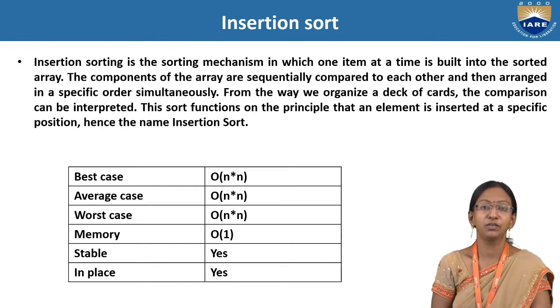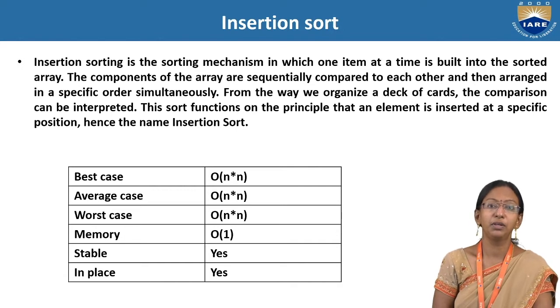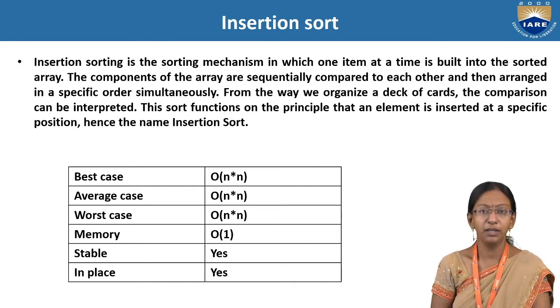The number of comparisons will be the same, order of n square. The memory it uses is very small, order of 1. Only the memory for the given list as well as the temporary variables is required. That's it. And it is an in-place sorting technique.